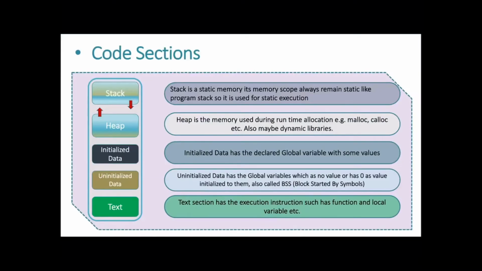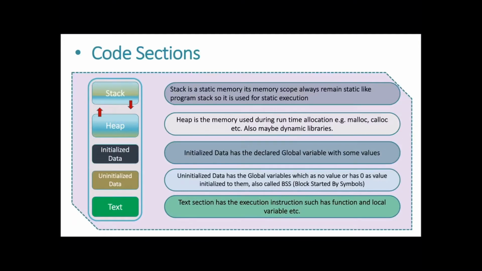So here you can see we have these code sections. On the left hand side you can see we have stack, heap, initialized data, uninitialized data and text. Let's start from the text section. The text section has the execution instructions, like functions.